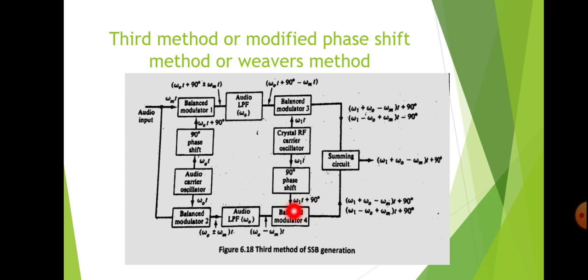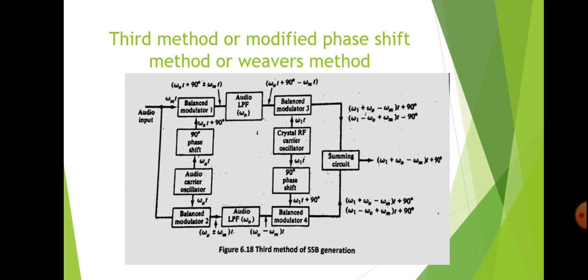And similarly, in the case of balanced modulator 4, it will produce upper and lower sidebands. The upper sideband is omega 1 plus omega 0 minus omega m t plus 90 degree. And the lower sideband will be omega 1 minus omega 0 plus omega m into t plus 90 degree.